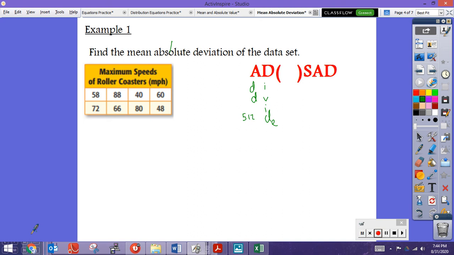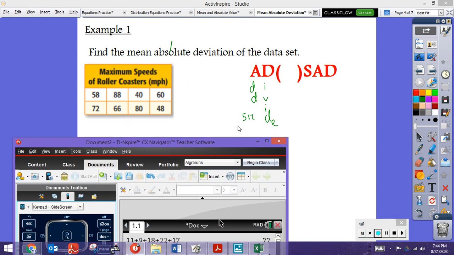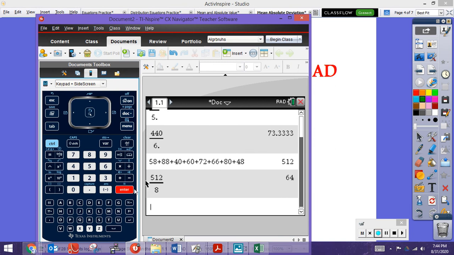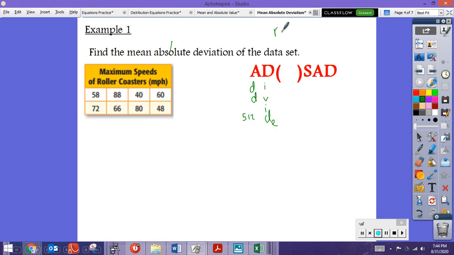And then I'm going to divide. You divide by how many numbers you had total. And so total here, there were 8 different numbers. And so I'm going to divide 512 by 8. And again, you can use your calculator on your phone. You can use Desmos.com.